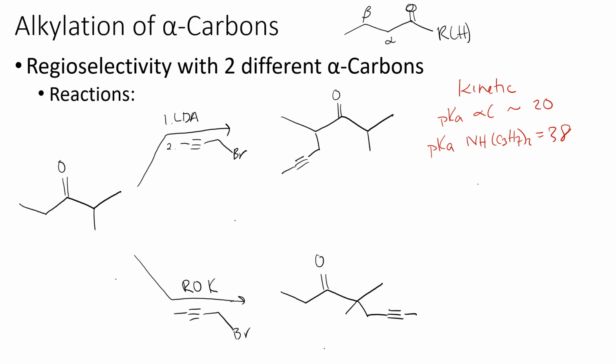If we look down at our RO- reaction, where we have alkylated the more substituted side, this is really what we would end up classifying as a thermodynamic control. Again, the pKa of our alpha carbon is about 20, depending on what else is in our compound, but the pKa of the alcohol, depending on what the R group is, is about a 17.